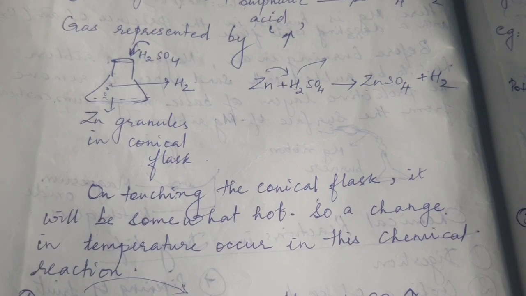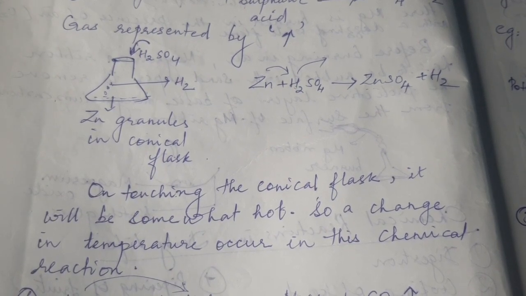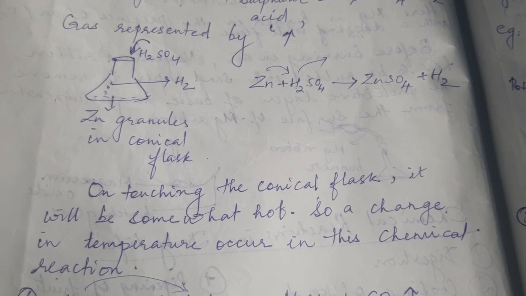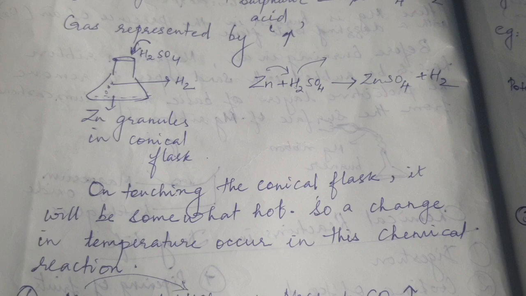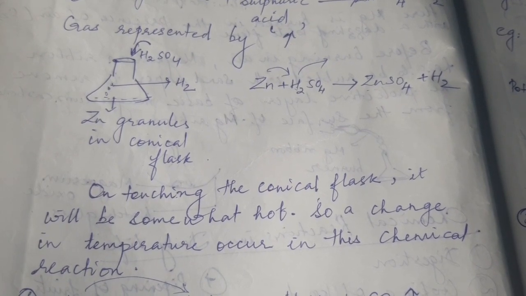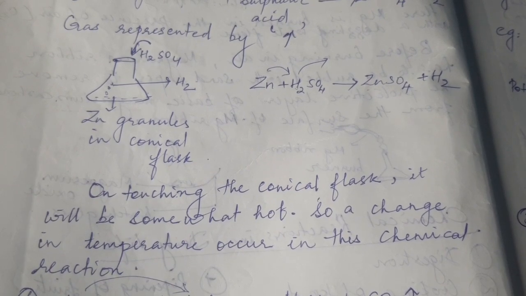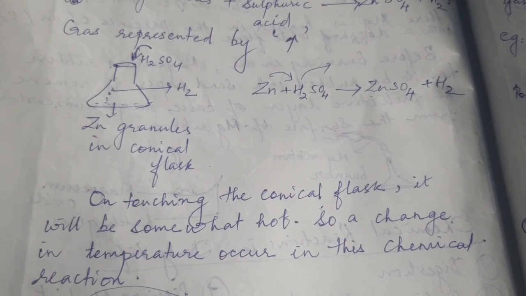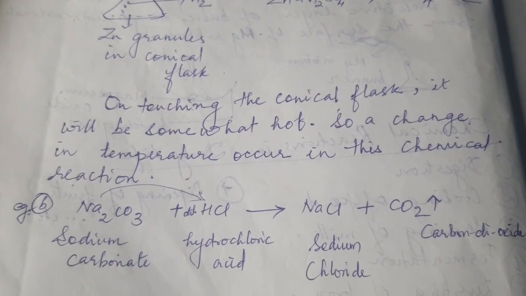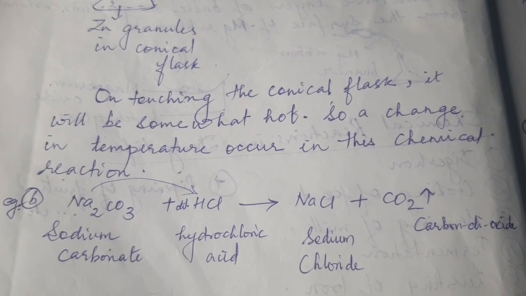Okay, so in this chemical reaction of zinc granules and sulfuric acid, you can see the products as zinc sulfate and hydrogen gas, and you know that there is the evolution of hydrogen gas. In the same way, on touching the conical flask, you feel that it is slightly hot. This shows that it is exothermic in nature. Okay, we'll have one more example, that is sodium carbonate, Na2CO3.